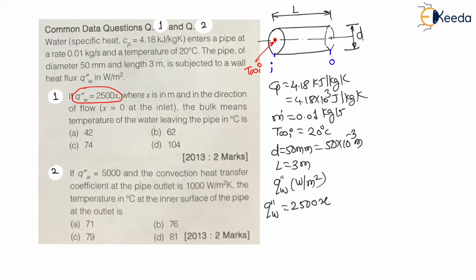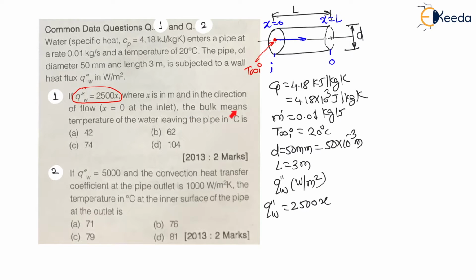X is equal to 0 at inlet, and the bulk mean temperature of water leaving the pipe in degrees Celsius is. Now here the direction of flow is from I to O, that is from inlet to outlet, and x is nothing but in the direction of flow, means it is L. Therefore at inlet x is equal to 0, and at outlet x is equal to L. Definitely we can say at outlet x is equal to L.